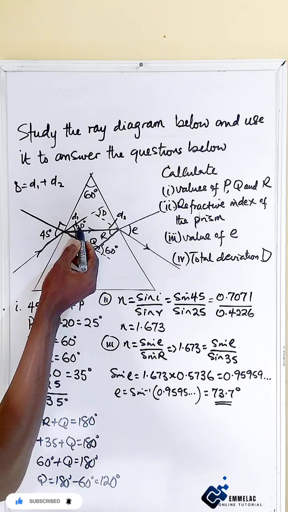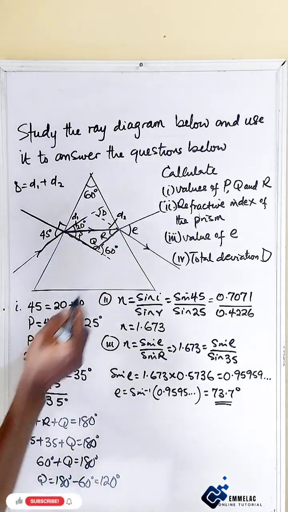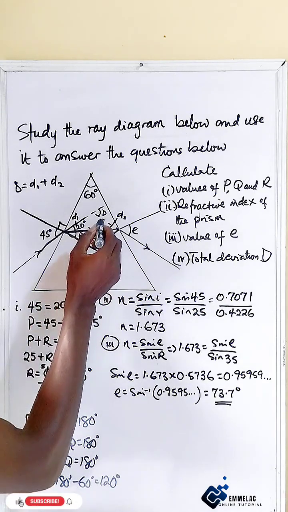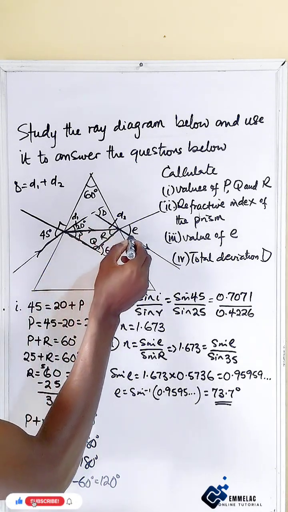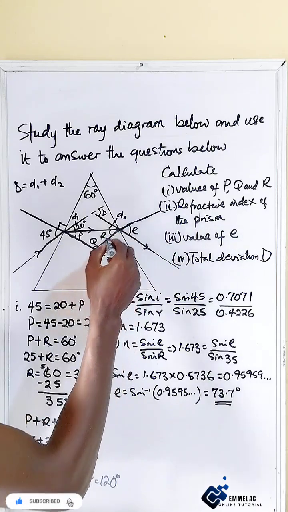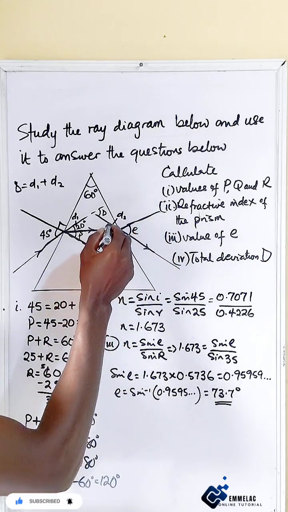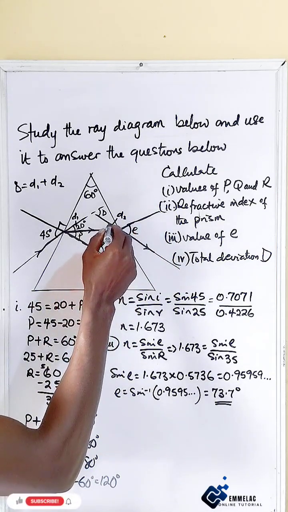We know D1 but we don't know D2. For us to get D2, let us consider this and this, which means that this angle is equal to this angle here.